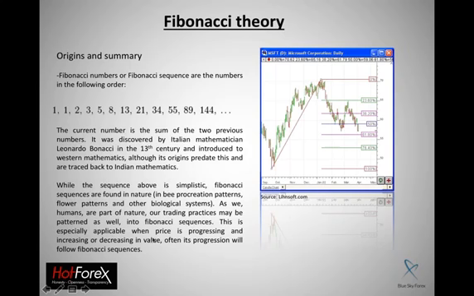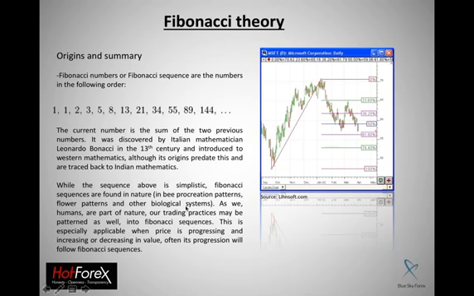While the sequence above is relatively simplistic, Fibonacci sequences are found in nature, and that's important. In bees pollinating and procreating, flower pollination patterns, and other biological systems. As we humans are part of nature, so are our trading habits. They are emotional.